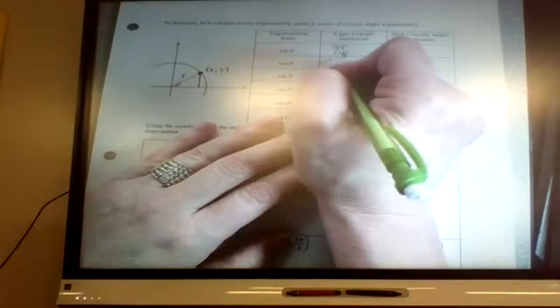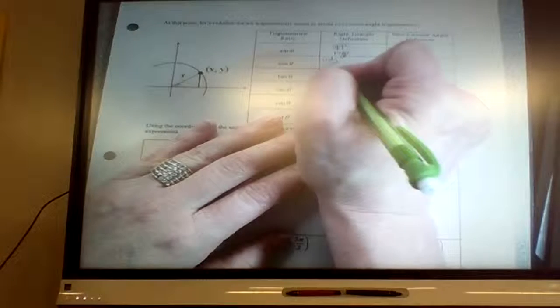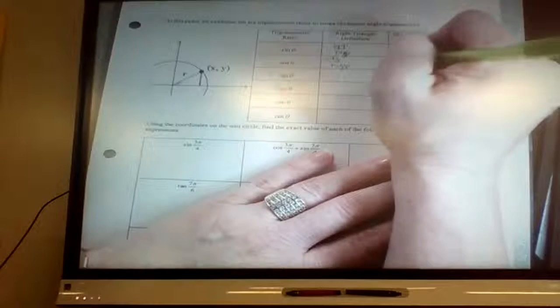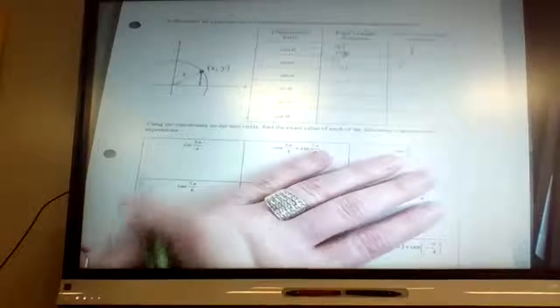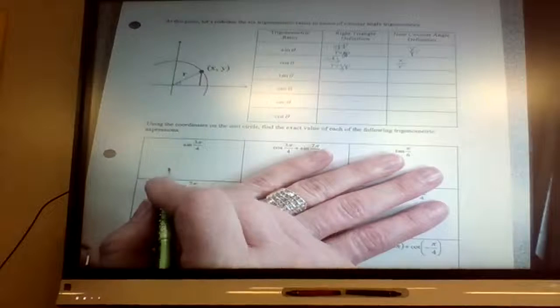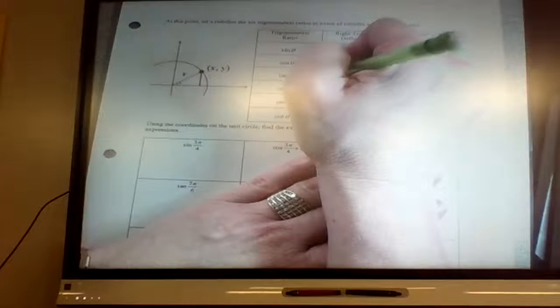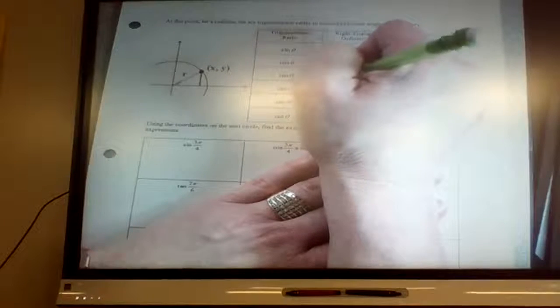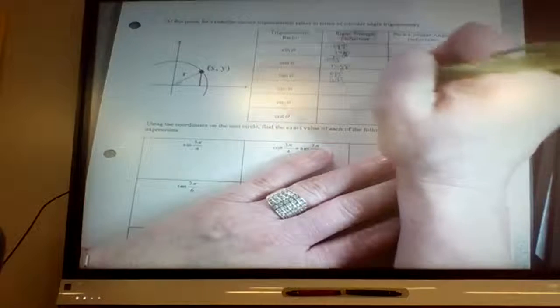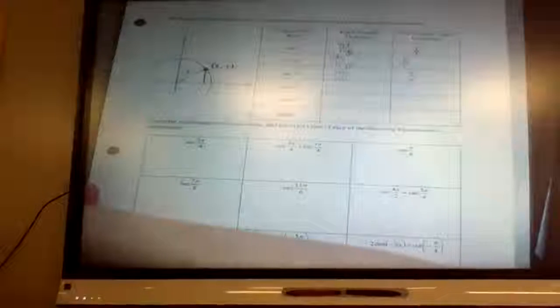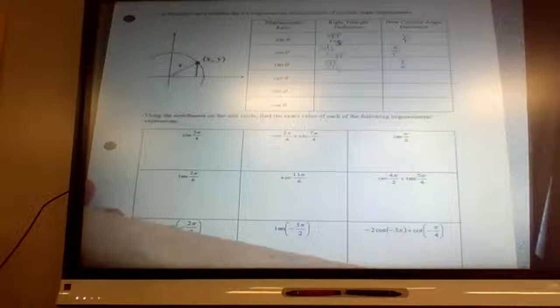Cosine is the old way, adjacent over hypotenuse. What's the new way going to be? X over r. Tangent was, now it's y over x. Cosecant used to be hypotenuse over opposite.